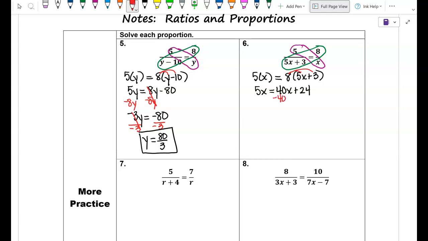Subtract 40x from both sides. Negative 35x equals 24. Divide both sides by negative 35.